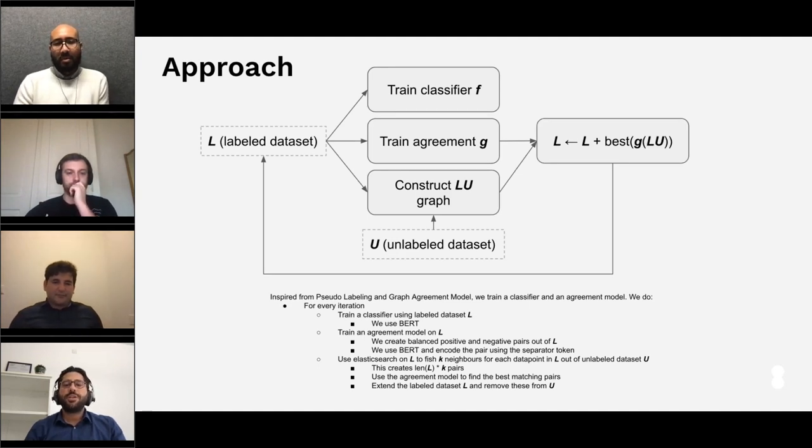And then also construct a graph between labeled and unlabeled set. We use Elasticsearch for this, but let's not go into the details. And then you just say, out of this graph, which connects labeled and unlabeled data points, using G, which is telling you if 2 data points match, run it on all of the pairs and give me the best pairs. And you just take these best pairs and add them to your label set and repeat this process. So it's quite simple.